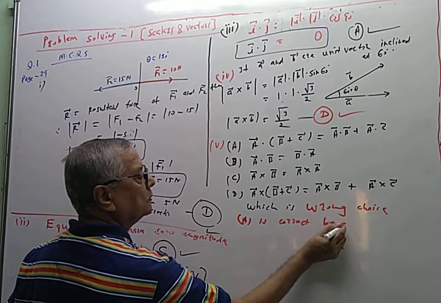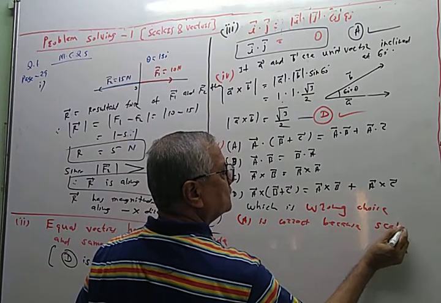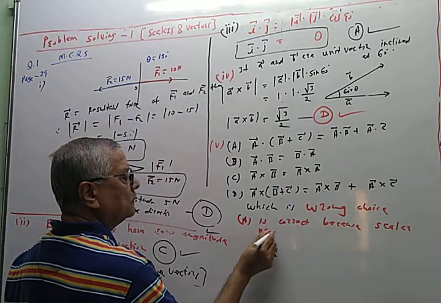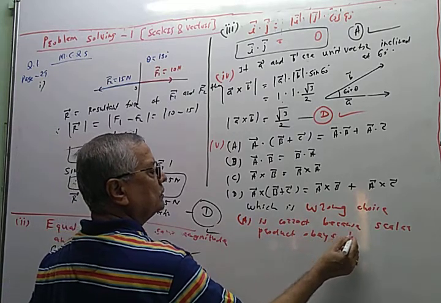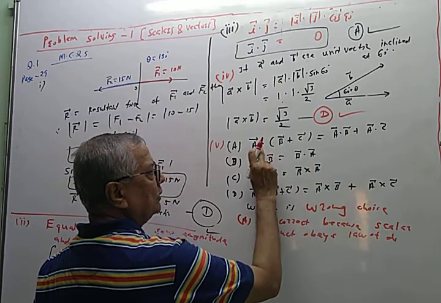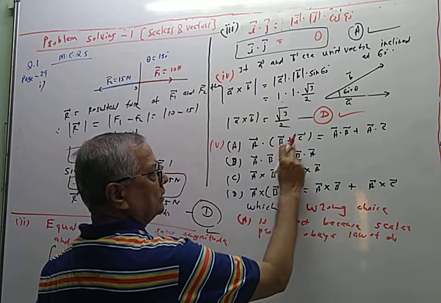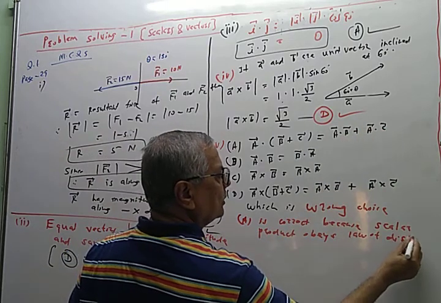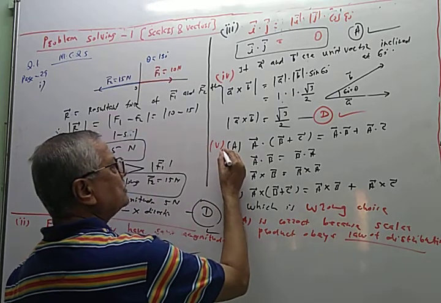Because this is the scalar product, and the scalar product obeys the law of distribution. This is called the distributive law. There are two operations: multiplication and addition. So this is called the law of distribution. So A choice is correct.